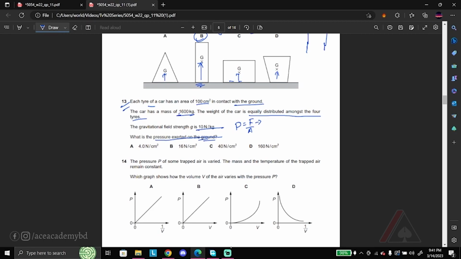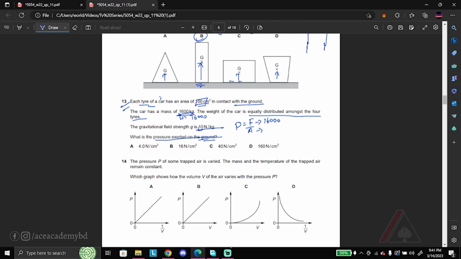So the car has a mass of 1600 kg, which means it has a weight of 16,000 N because g is 10, so 1600 into 10, 16,000 is our force. Each tire has an area of 100 cm².